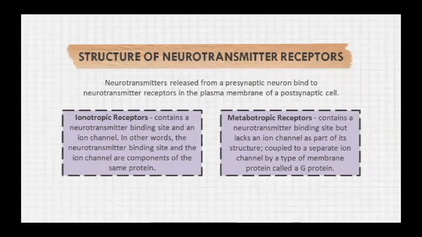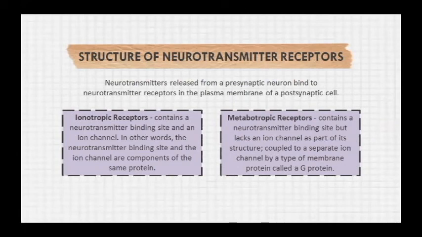The ionotropic receptors contain a neurotransmitter binding site and ion channel, meaning the ion channel and the binding site are components of the same protein, shown as one, while metabotropic receptors contain a neurotransmitter binding site and ion channel that are separated from each other, but they are coupled with each other.